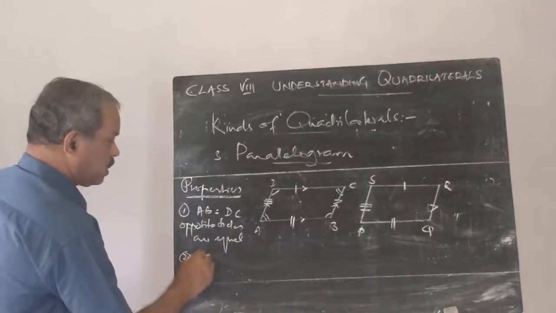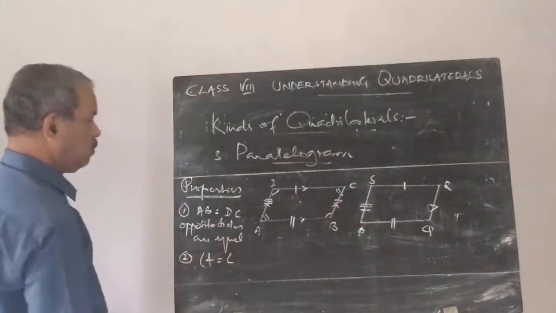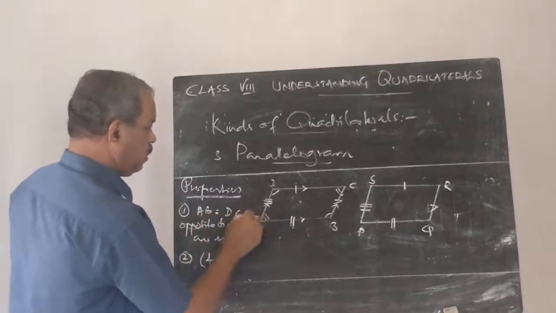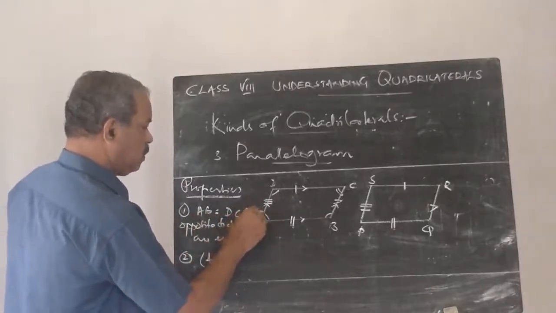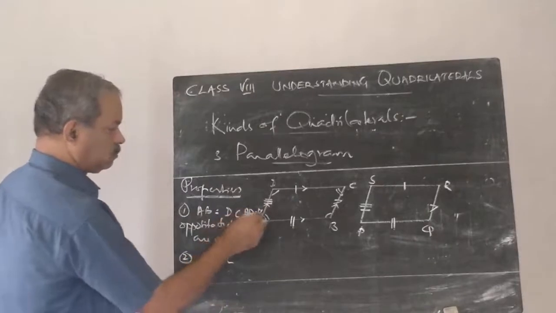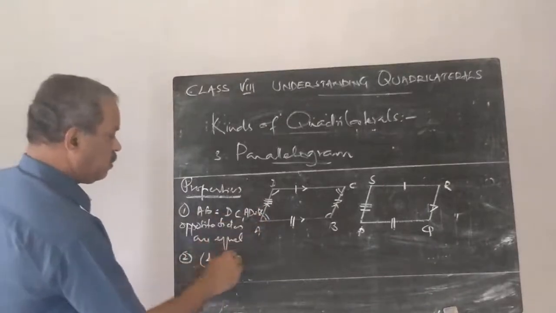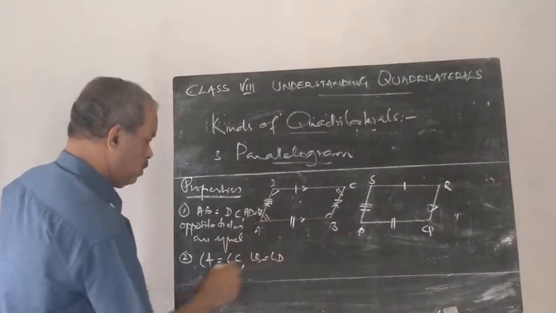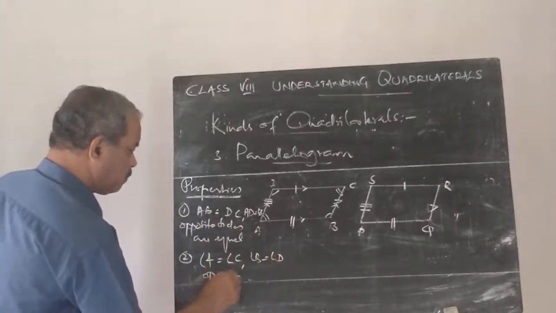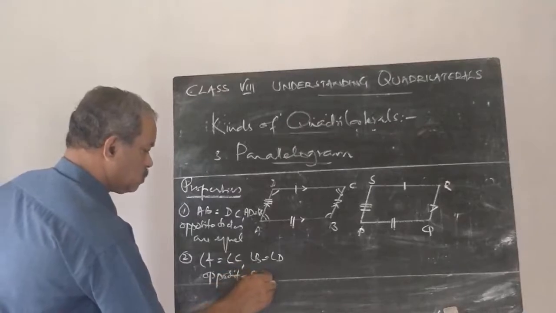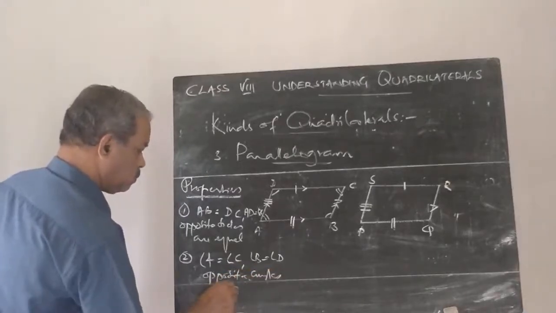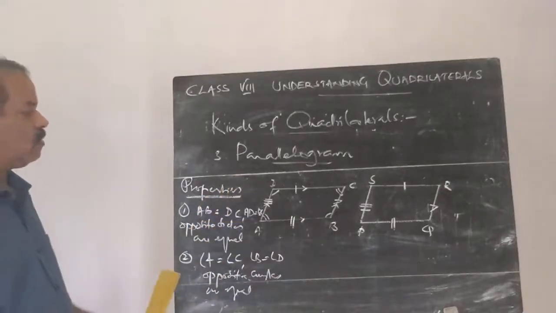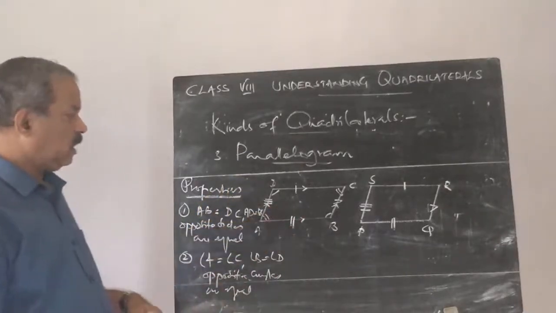Here angle A equal to angle C, angle B equal to angle D. Opposite angles are equal. Opposite sides are equal. Opposite angles are equal.